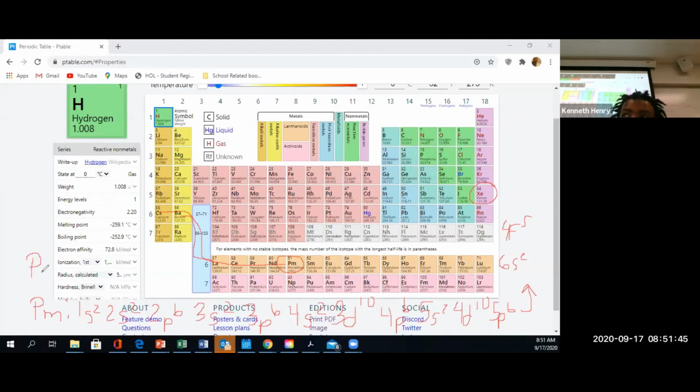So we would write it as Pm, bracket xenon, and then from there, just write down what we have afterwards. We'd have 6s2 4f5.